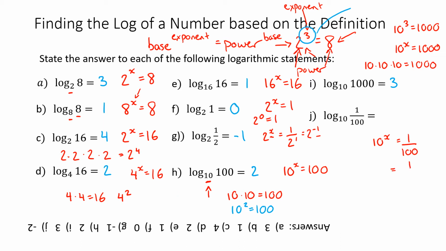So we can write this as 1 divided by 10 squared. Now remember, we can move that 10 to the numerator if we change the sign of the exponent. So that's equal to 10 to the negative 2, okay? Meaning that our solution here is negative 2, right? Because x must be equal to negative 2. All right?